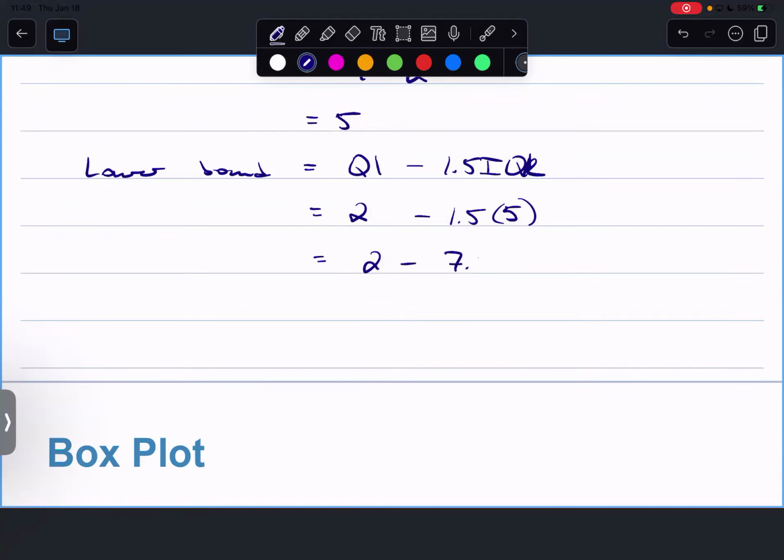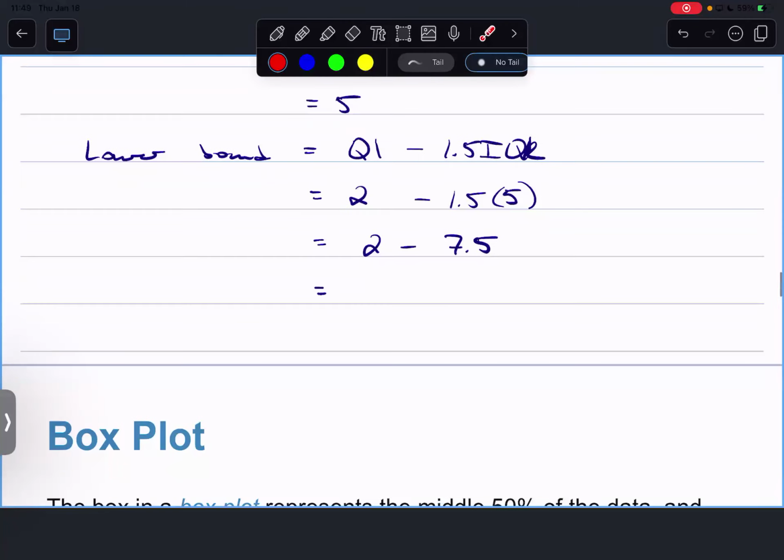So I get 2 minus 7.5. You don't have to show that step, but I want to do it here because I want to emphasize order of operations, right? You have to multiply before you can subtract, which is one of the more common mistakes, right? You want to multiply these before you take them away from 2. And so 2 minus 7.5 puts me at negative 5.5.